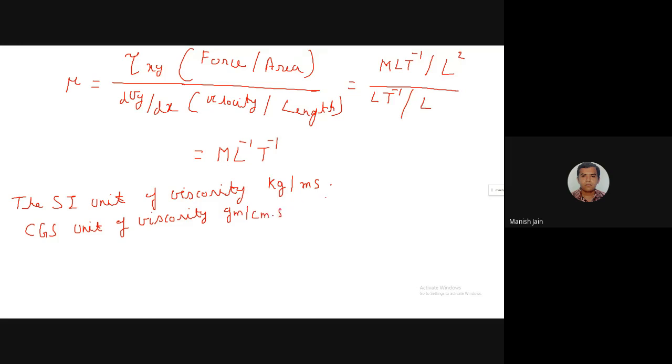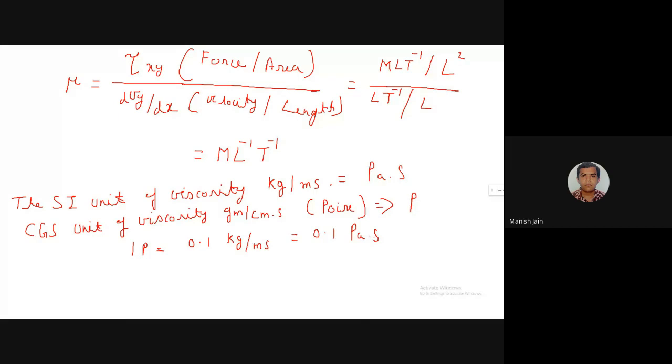It is also called the poise. And kg per meter second is also called the Pascal second. This is another unit of viscosity, Pascal second and poise. Okay. So poise is represented by P. So 1 poise equals 0.1 kg per meter second, or 0.1 Pascal second.